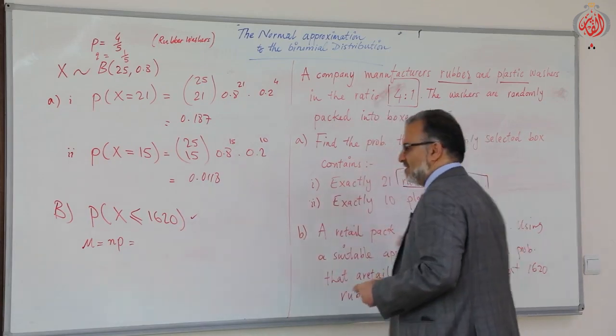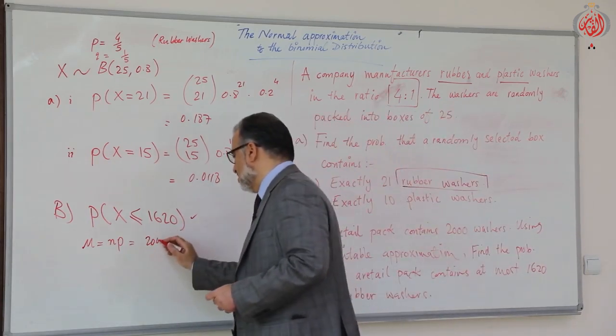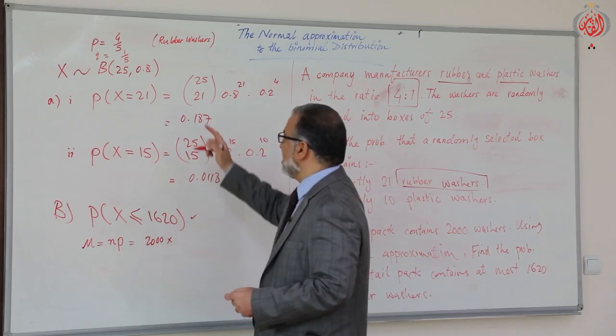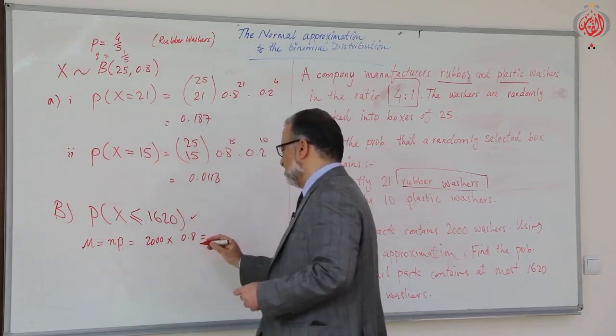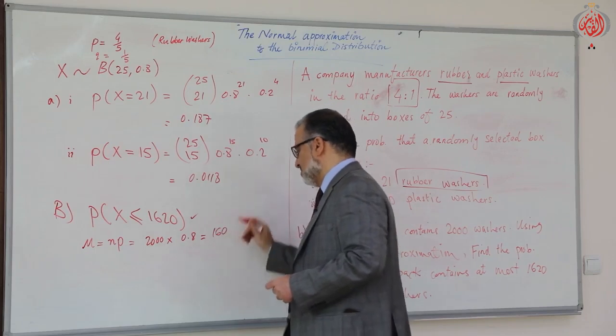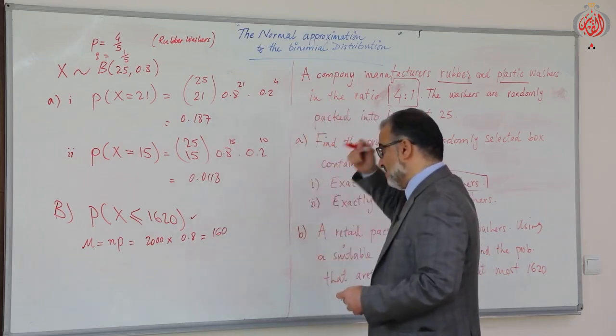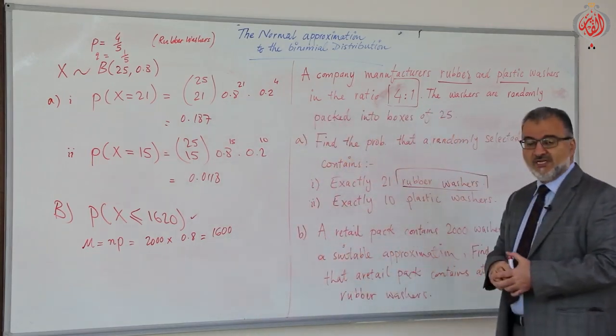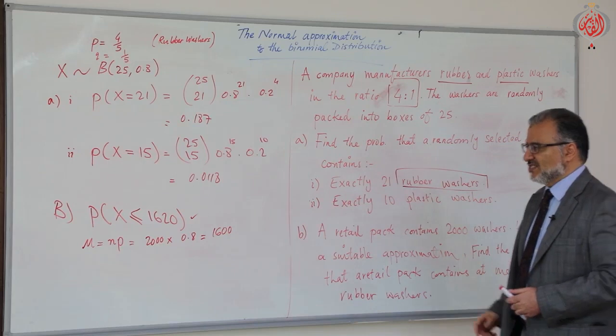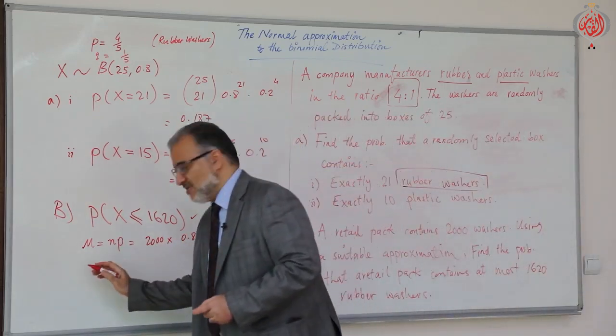Here it is 2000, so you have 2000 times p, which is 0.8. So the answer is 1,600, I'm sorry, yes, it is 1,600.